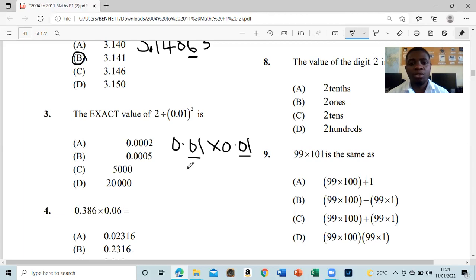So it will be 0.0001. And then now we're gonna convert this to 1, because we cannot divide by a decimal, so it will be 1, 2, 3, 4 zeros. And we'll do the same for 2, right? So that would give us 20,000 divided by 1, which is the same as 20,000. All right?